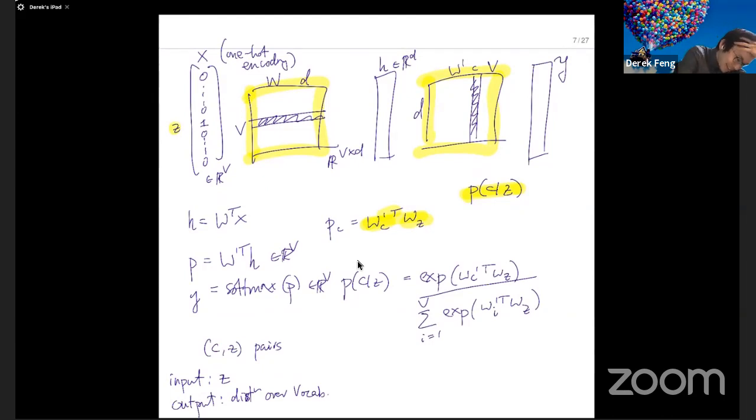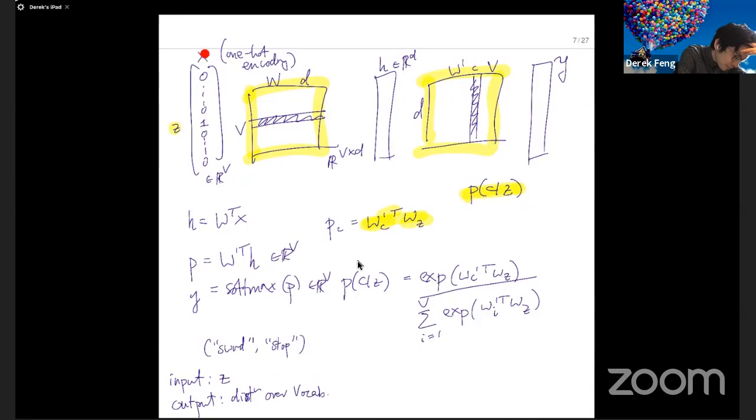Let's suppose I just give you real words, sword and stop. How would I go about training this? I would have the word stop and represent it as a one-hot encoding.